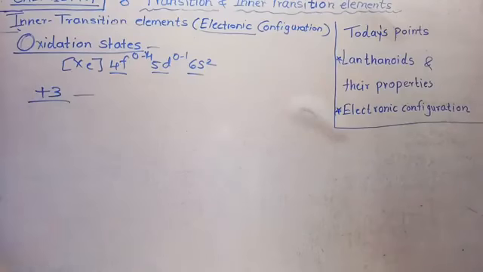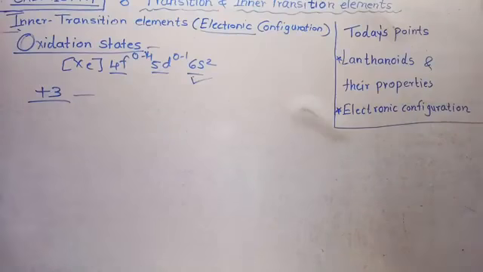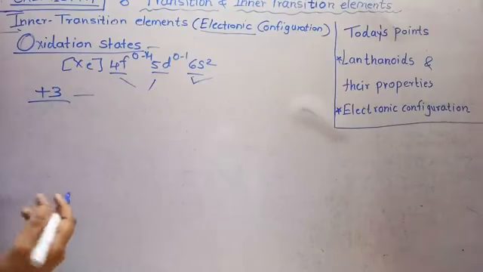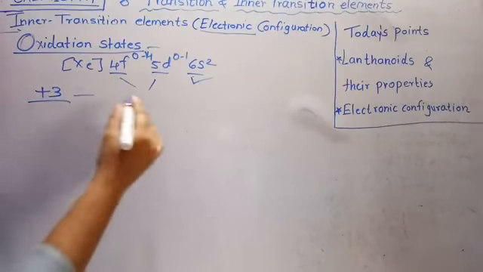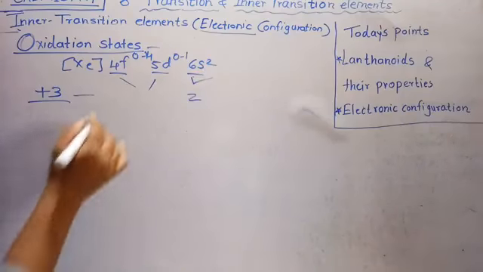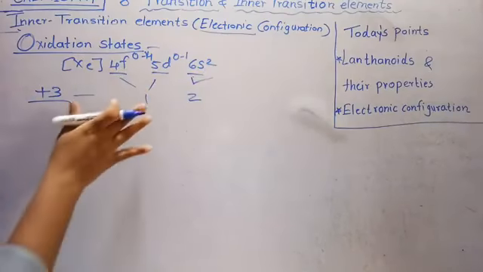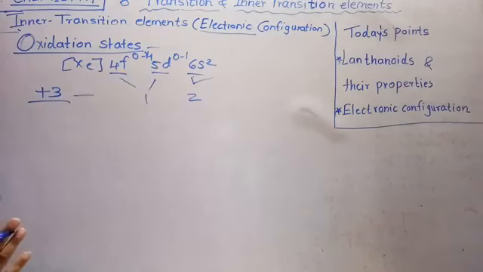How do they show +3? There is the removal of 2 electrons first from the 6s orbital and 1 electron from 4f or 5d orbital.